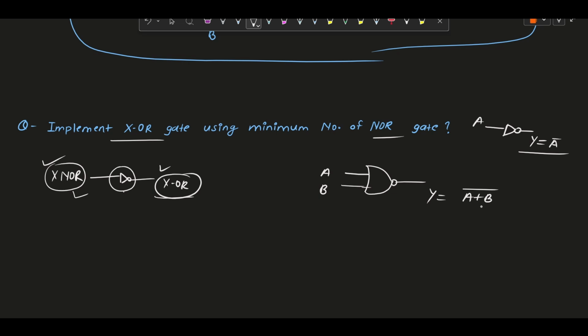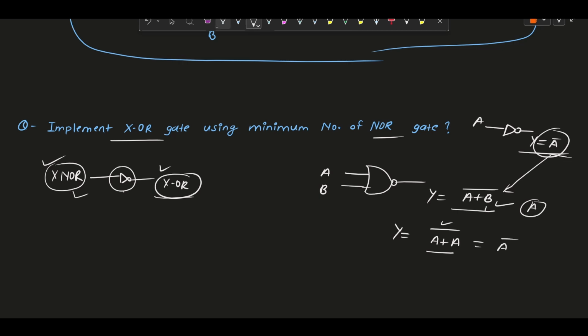As here we have provided A and Y is A complement. So tell me one thing: we want this expression from this expression, so what do we need to change so that we get A complement? If instead of this B, I place A here, then I will get A complement. A plus A will be A, and the complement sign will remain the same.